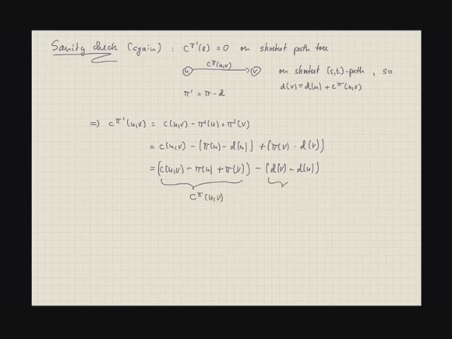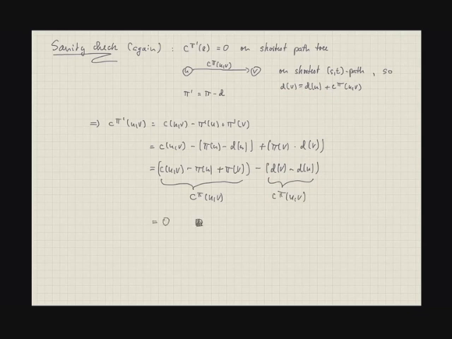And what is the rest? Well, let us remember that we had this equation because this edge was on a shortest s-t path, right? So that means the old reduced cost, c_pi, is equal to d of v minus d of u. And that's exactly what we have here as well. So that's also the old reduced cost from u to v, and therefore the whole thing is indeed equal to 0.